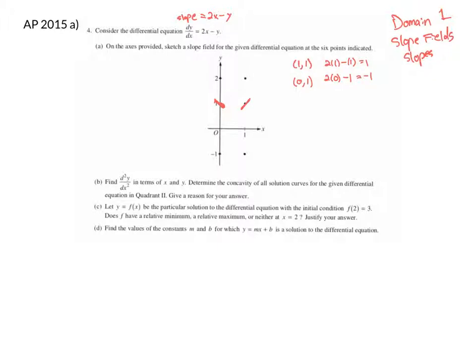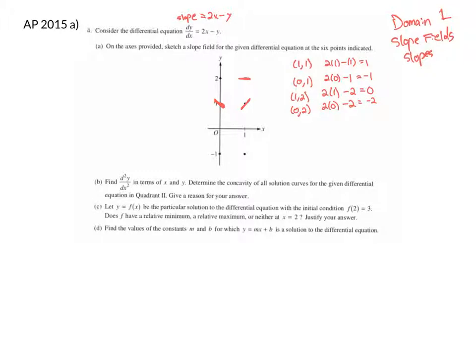I'm going to put a slope of negative 1 right there. At 1, 2, we would have a slope of 2 times 1 minus 2, which is 0. You want to make sure you get the 0 slopes right, because that's one of the things they will specifically look for. And then at the point 0, 2, 2 times 0 minus 2, which is negative 2.